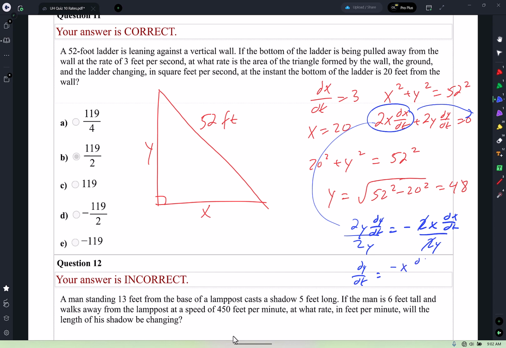Negative x dx/dt over y. Let's see what that is, guys. dy/dt equals negative, what was my x again? Come on, guys, help me out. 20. And then dx/dt, what was dx/dt?